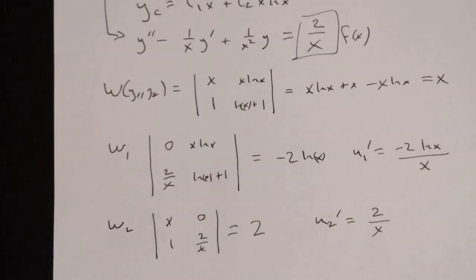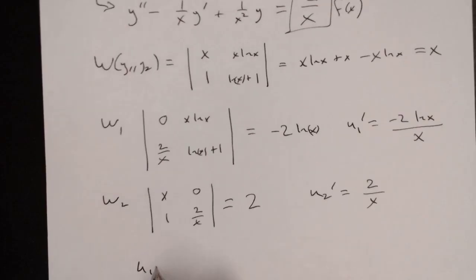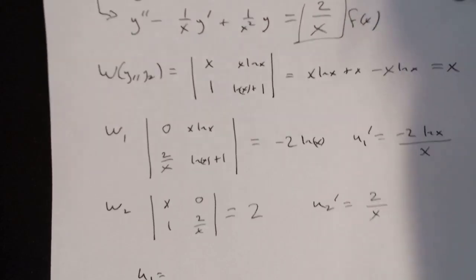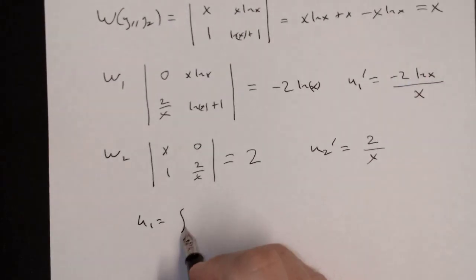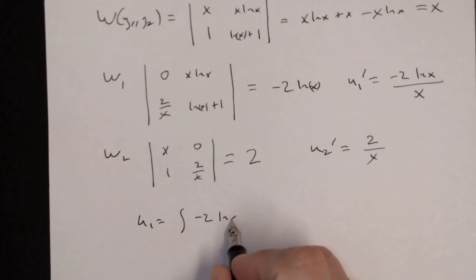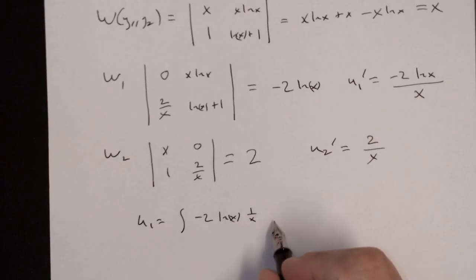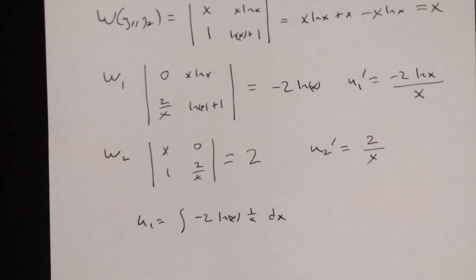And now I can integrate. U1 is the integral of negative 2 ln of x times 1 over x dx. Instead of writing as a fraction, I just wrote them out one after the other.